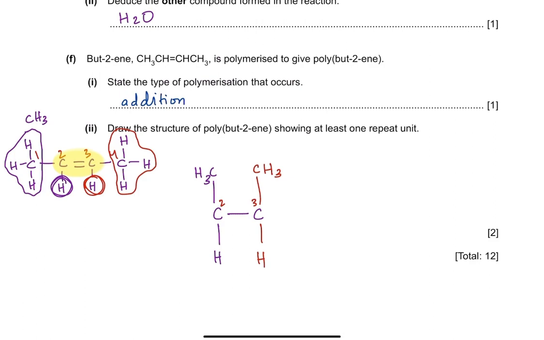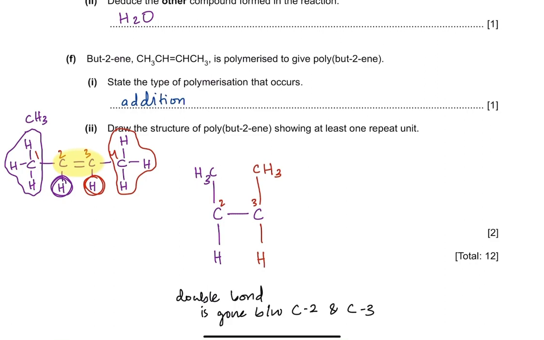This is the but-2-ene monomer without the double bond. See, I have not drawn the double bond over here. The double bond is gone between carbon 2 and carbon 3. Everything else is the same. This is your repeat unit.